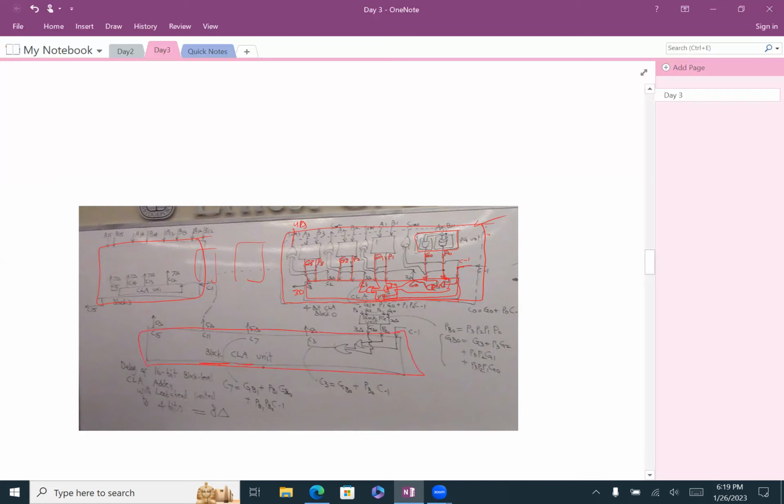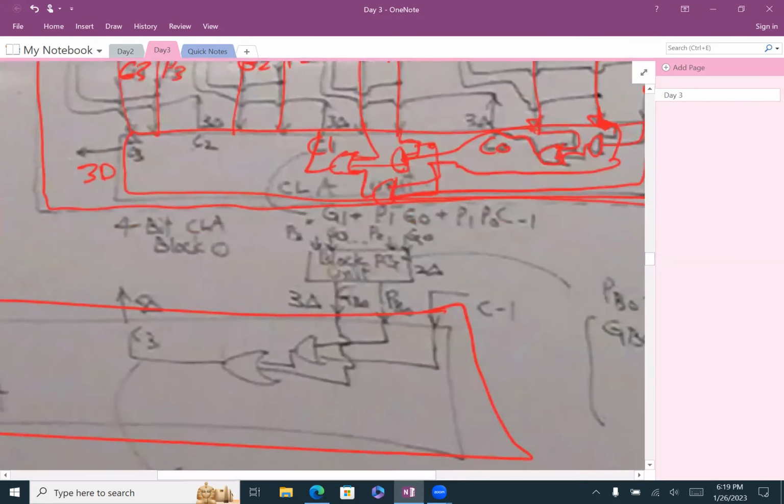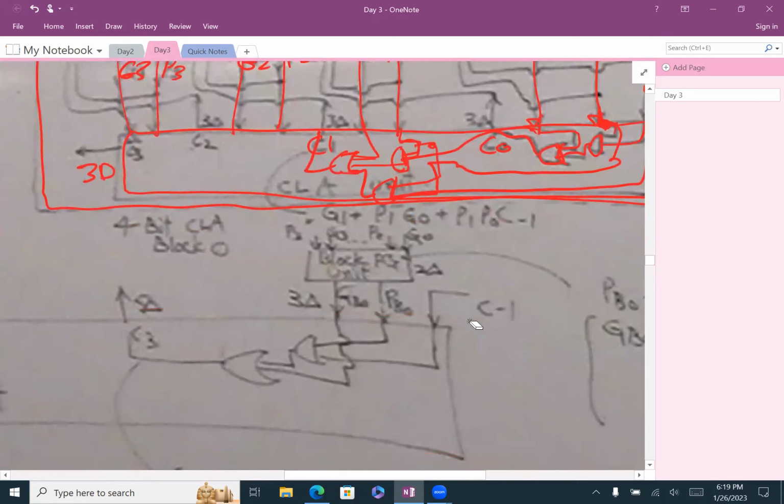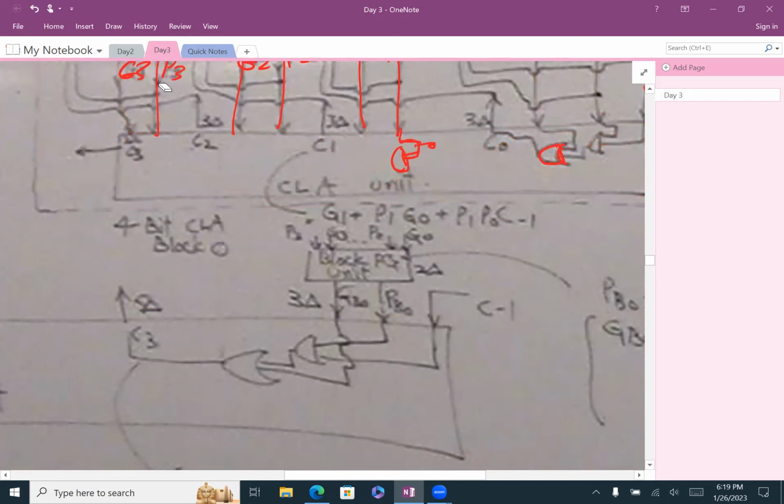Now let's zoom in a little bit. Remember when we did the design for the G block and for the P block? What is the design for that? If we zoom in here, let me clean that.